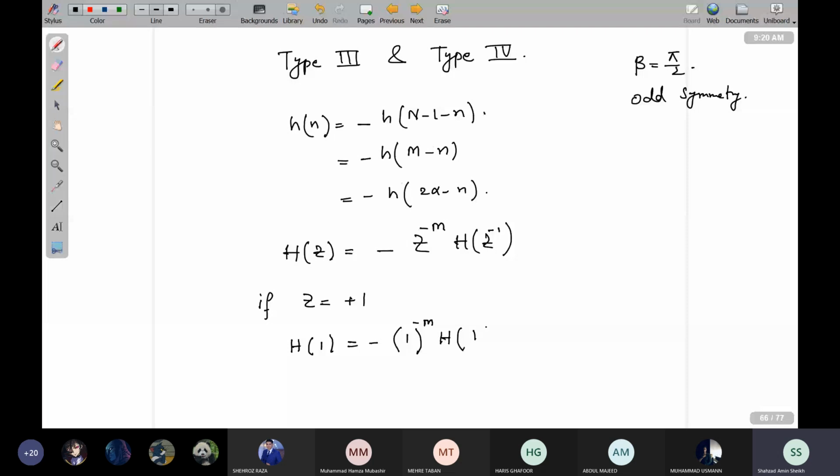So finally I can call it h of 1 is equal to minus 1 raised to power m times h of 1, and in fact h of 1 is equal to minus h of 1. That's my equation C. So what does this equation tell me?